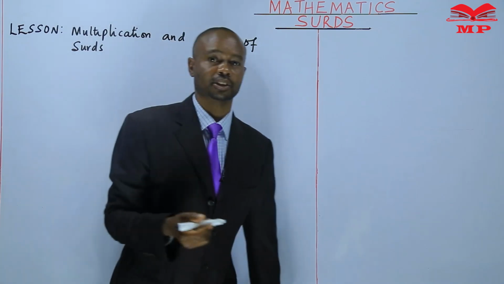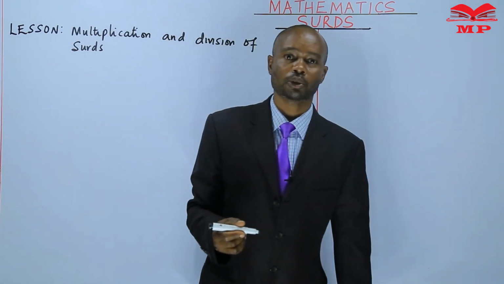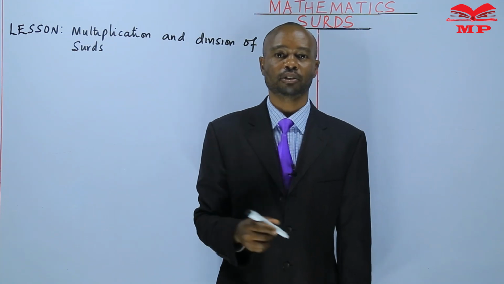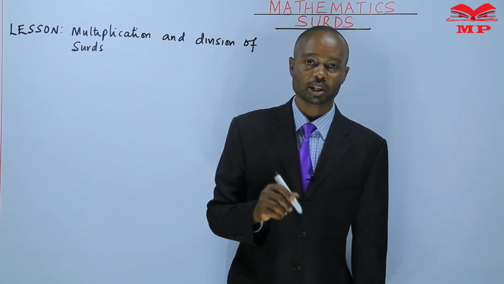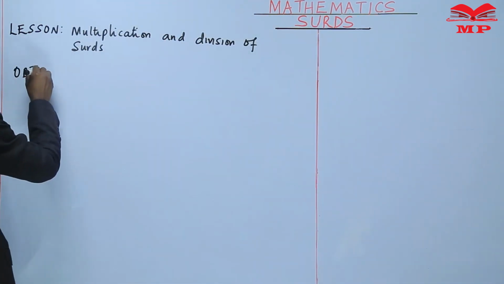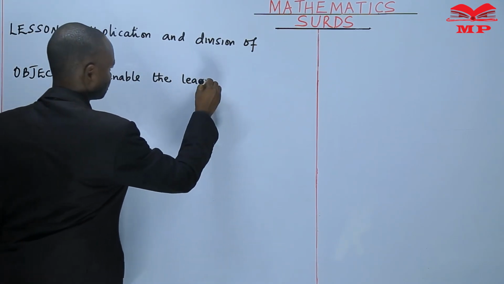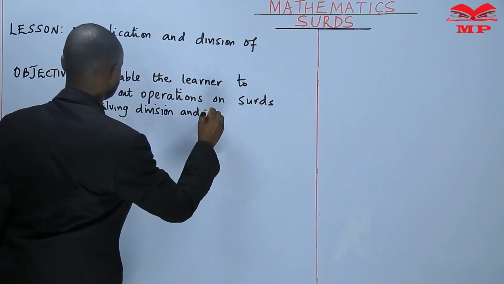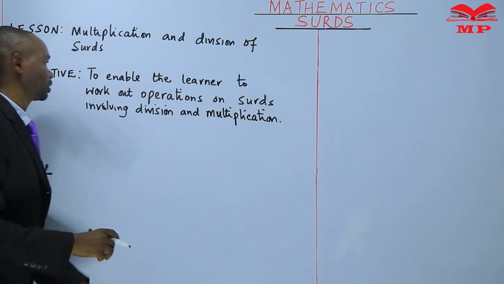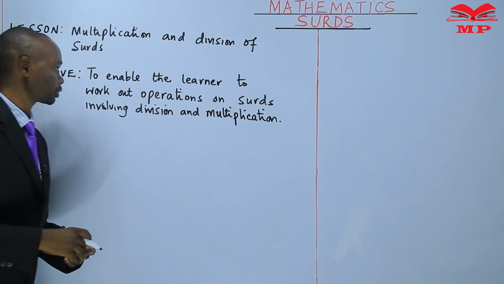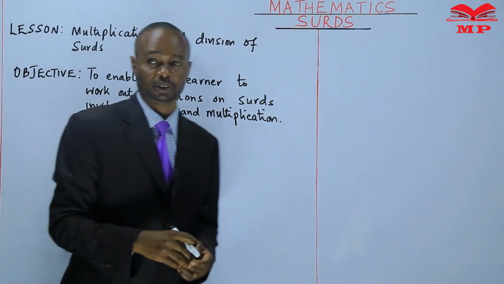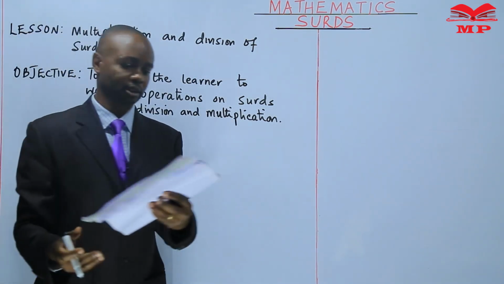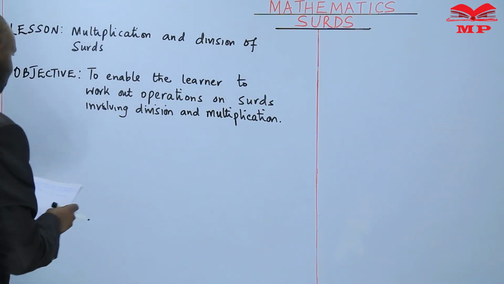The main objective of this lesson is to enable the learner to do operations on surds involving multiplication and division. So we do that by looking at various examples.